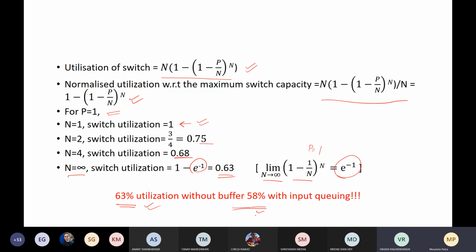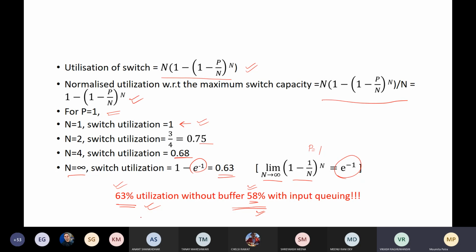This is a very interesting question to think about: why is this happening? If I have no buffers, I still get better utilization, whereas if I have input buffering, I get lower utilization. I want you all to think about it. Maybe when you see how it works out further, you will get an answer.